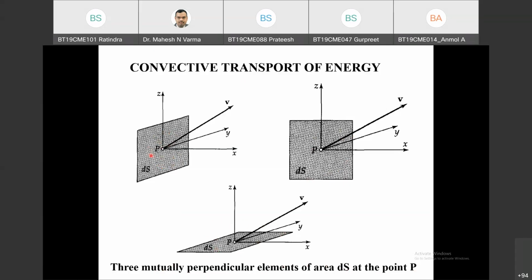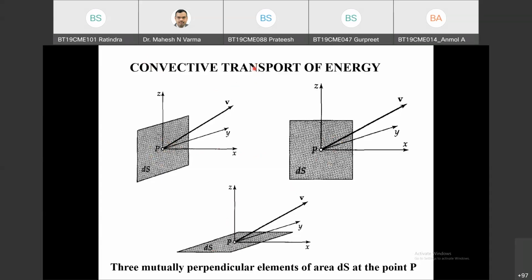All three areas are at point P, and they are perpendicular to each other because the three axes are perpendicular to each other.